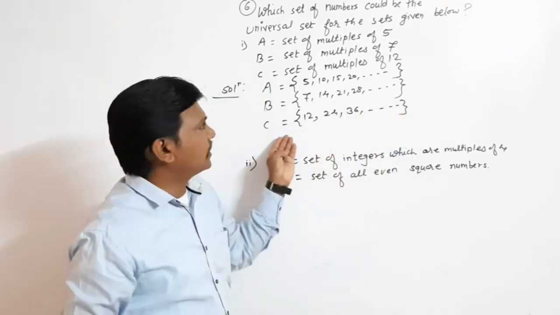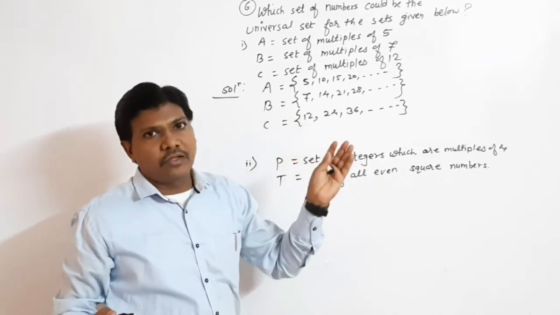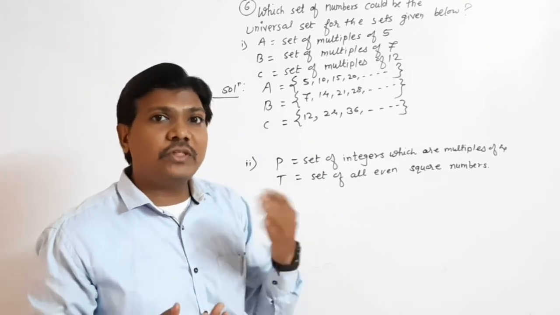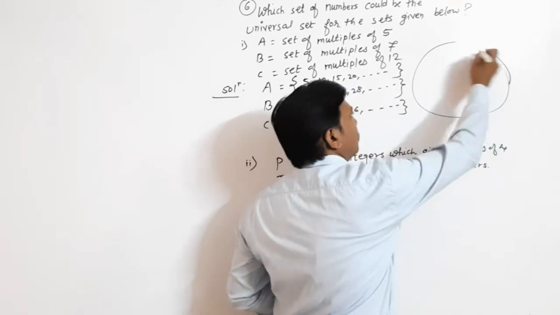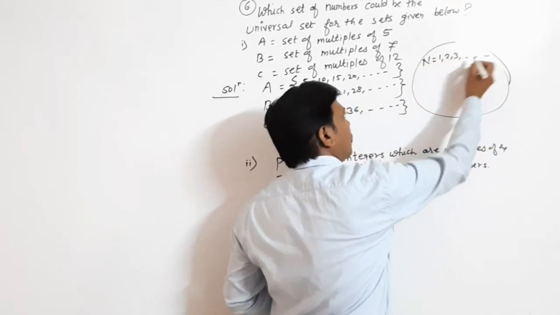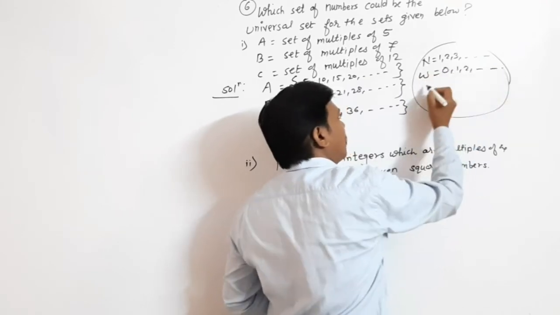So A, B, C. For these, you have to decide which is the universal set. Here we know the set of natural numbers, that is 1, 2, 3 and so on. The set of whole numbers: 0, 1, 2 and so on.